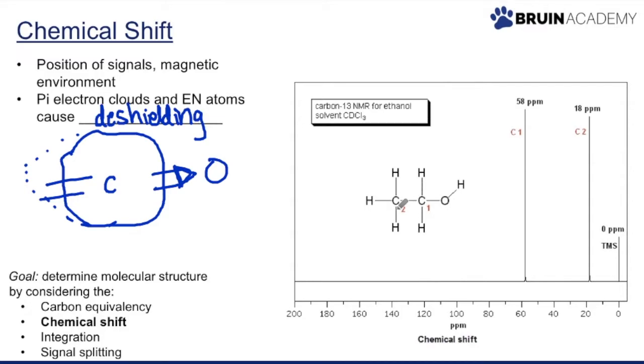It doesn't feel the oxygen's tugging away of its electrons as much as carbon 1 would. And so carbon 1 is more heavily deshielded than carbon 2, and as a result, it has a greater chemical shift, meaning it moves more downfield. So its chemical shift is around, I say 59, or actually 58, it says here, as opposed to carbon 2, which feels a chemical shift of about 18, which is much smaller.